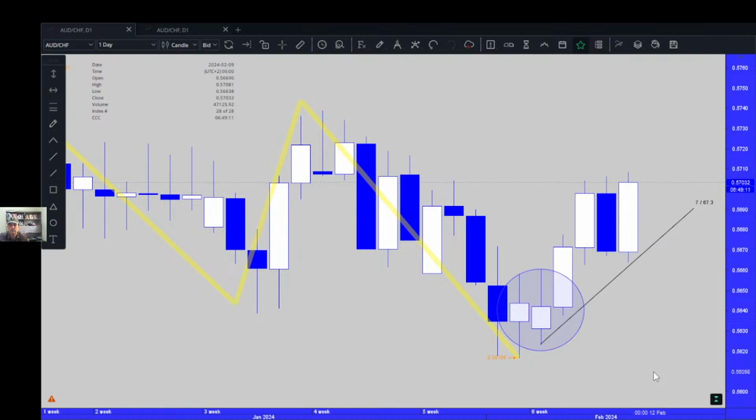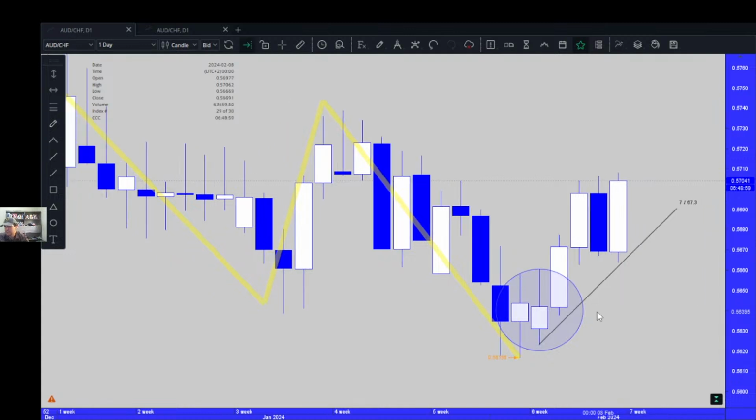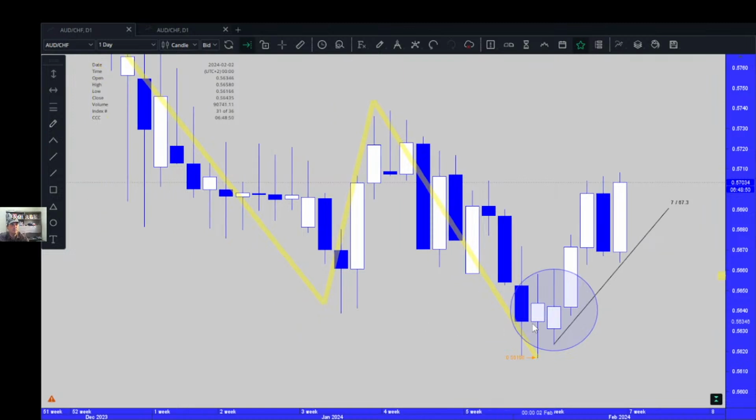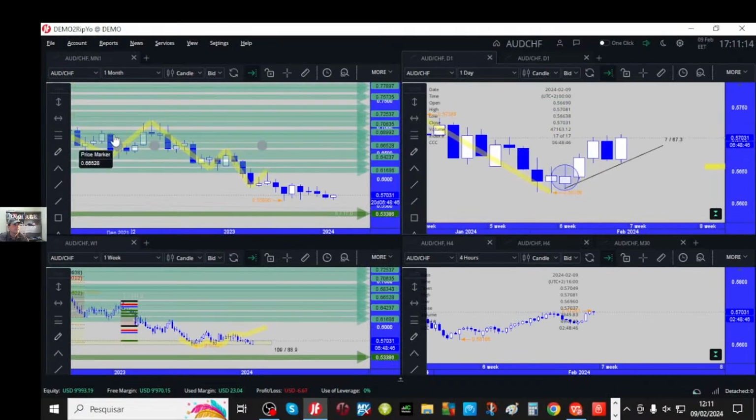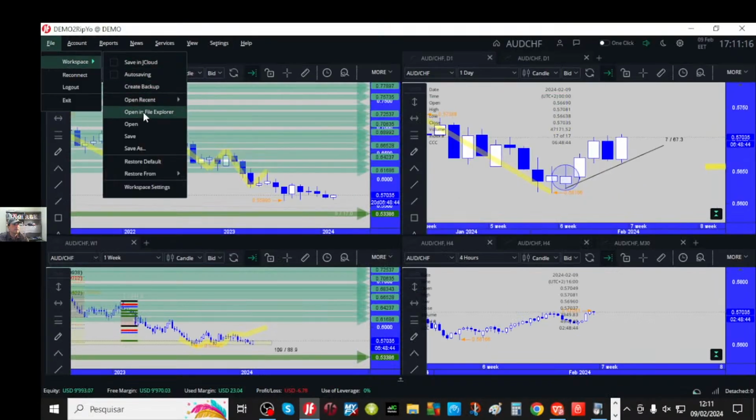But the question is, this week specifically, should you be long or short? And if you say short, you would be in a losing position. Exactly. So this week, AUDCHF was a buy, was long, right? I think I'm getting it. Very good. Next one.